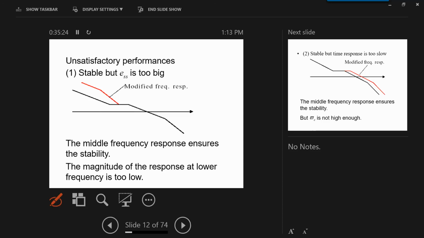Here, the red line shows that the controller modified the frequency response. The kind of controller that modifies the frequency response at the low frequency range is the PI and lag controller. Their main function is not to affect the middle frequency. You remember in the root locus, we got a transient performance and want to stick there. We don't want to change it. We want to keep it the way it is.